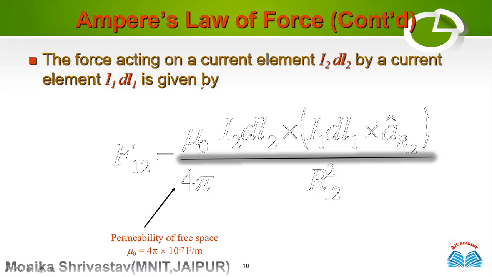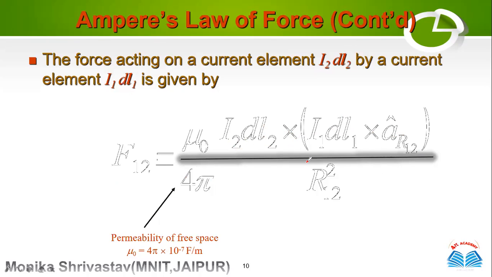So what will be that force? That force F12 will be equal to mu naught upon 4 pi, I2 dL2 cross A1 cross A2 cross A R12, using the equation which we have previously seen, upon R12 square.